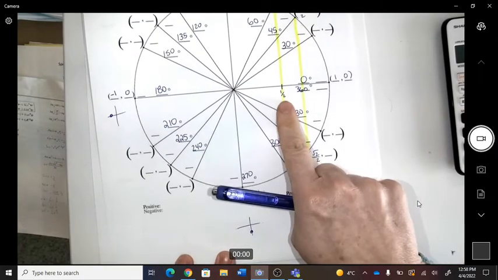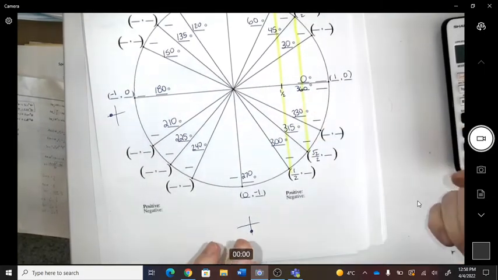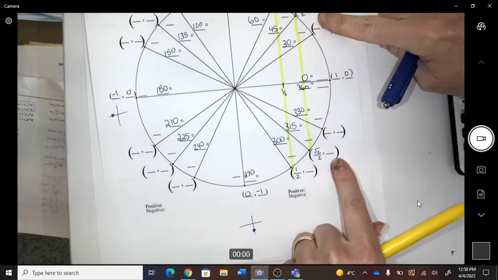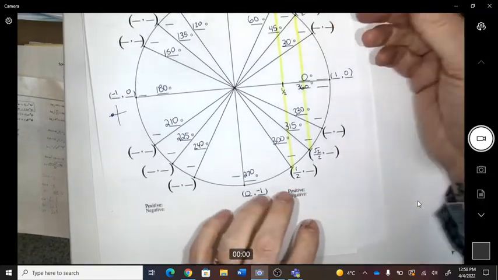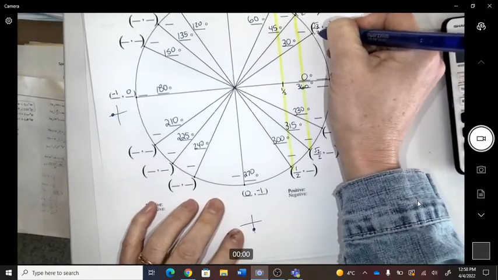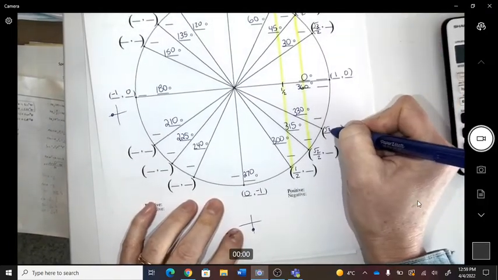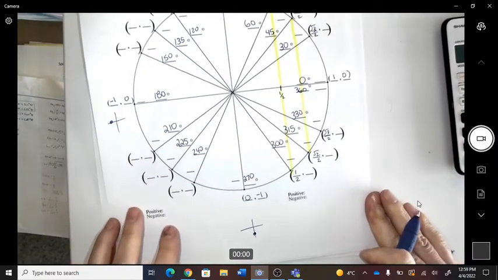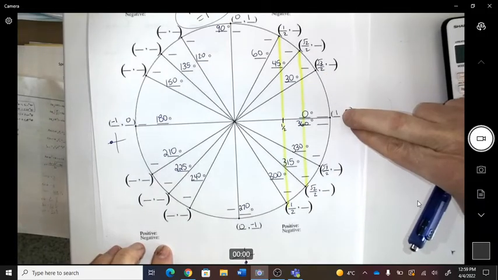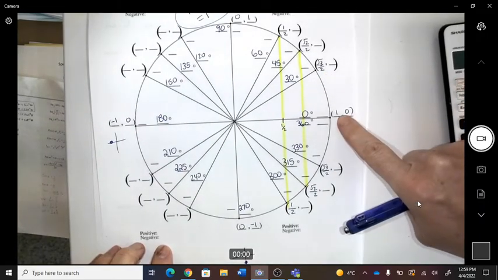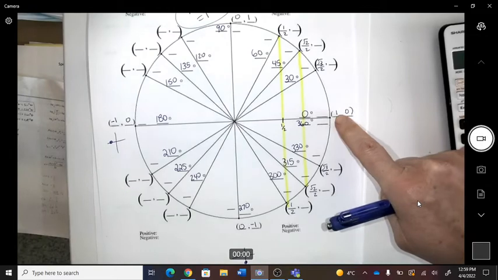So this was 0.5, this is 0.7-ish. Now can you move to the right? These will have an x value of root 3 over 2. And then that should have an x value of 1, and we already put it there.